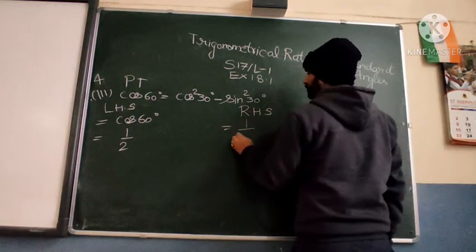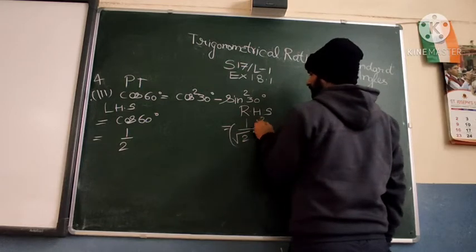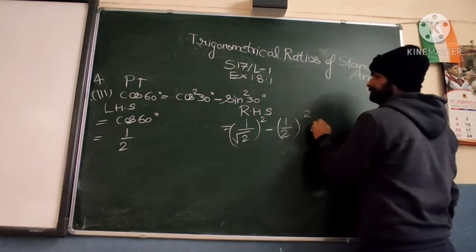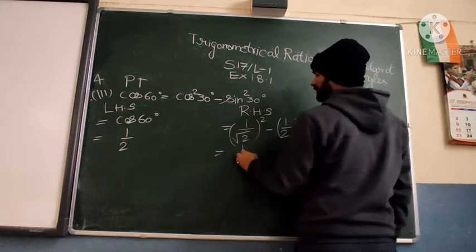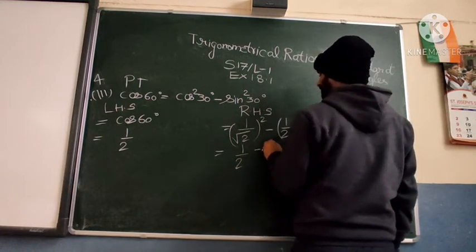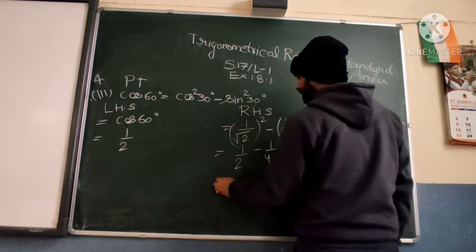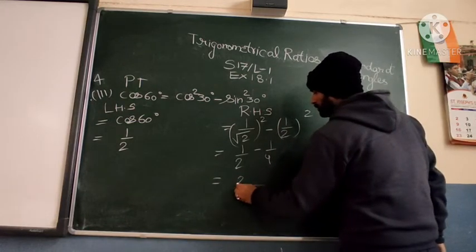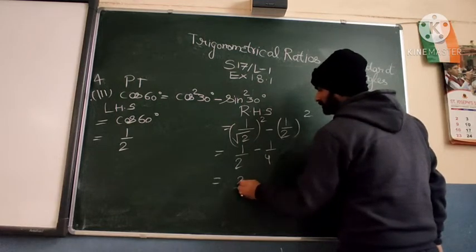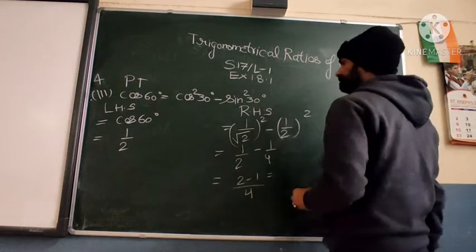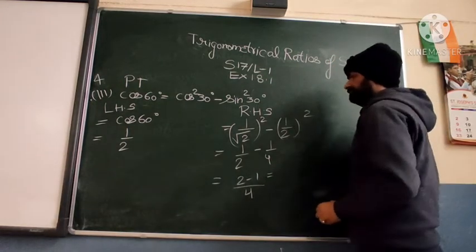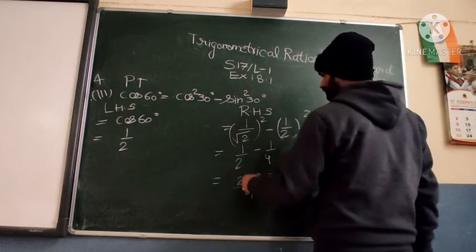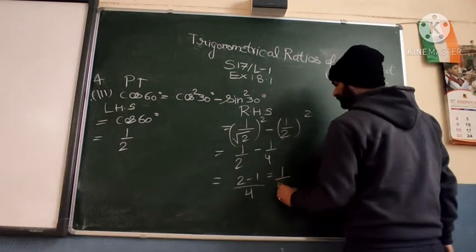And this is squared, so let's put the value of the square here. Minus sin 30 is half, square of half. So 1/2 minus 1/4. LCM of 4 and 4 is 4. 2 2s are 4 and 2 1s are 2. This is 1/4.